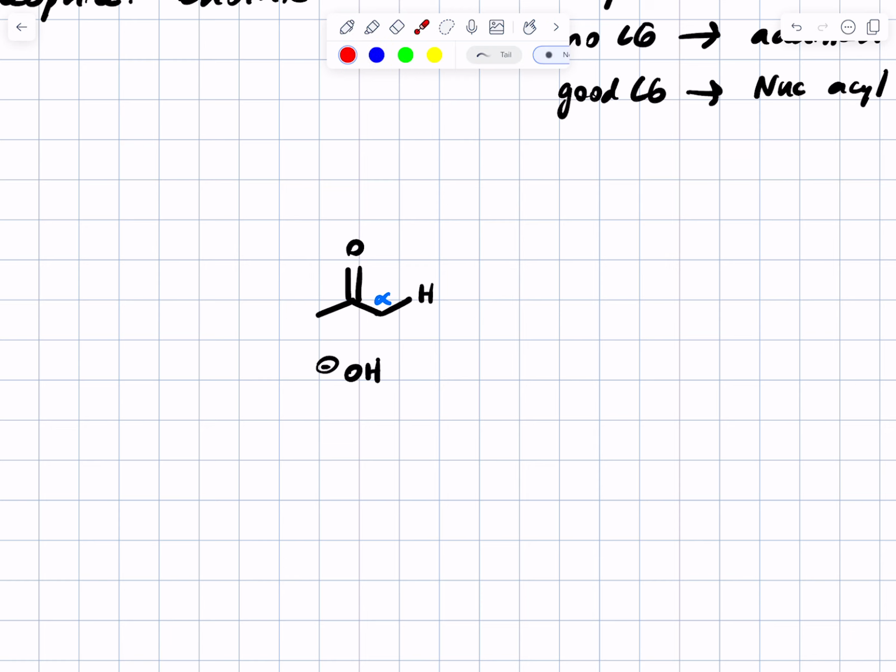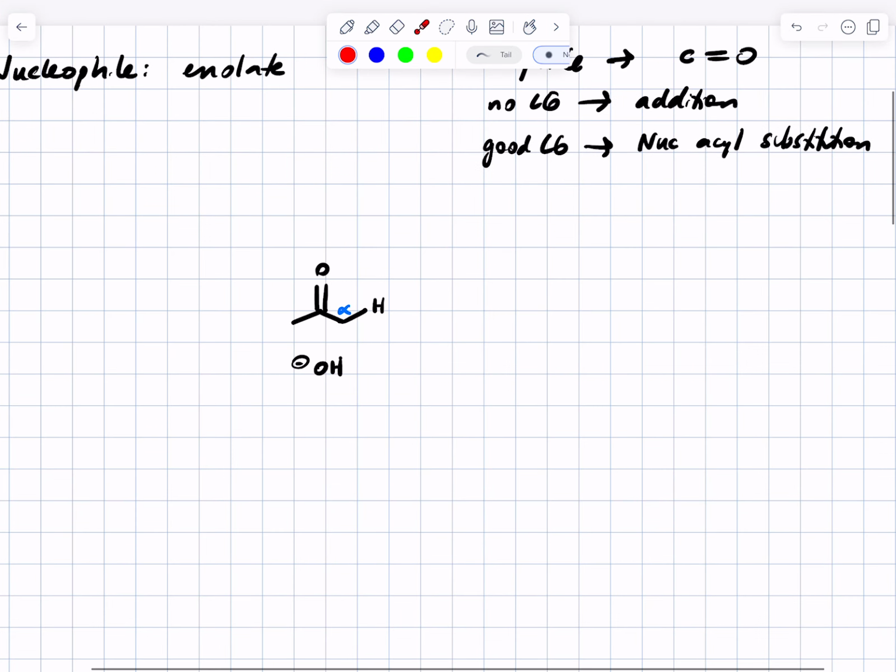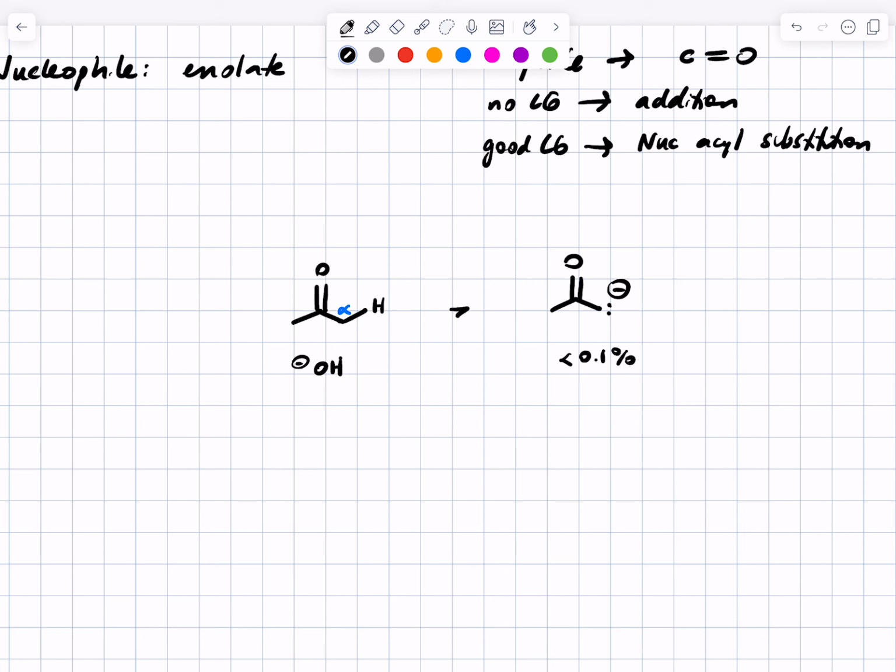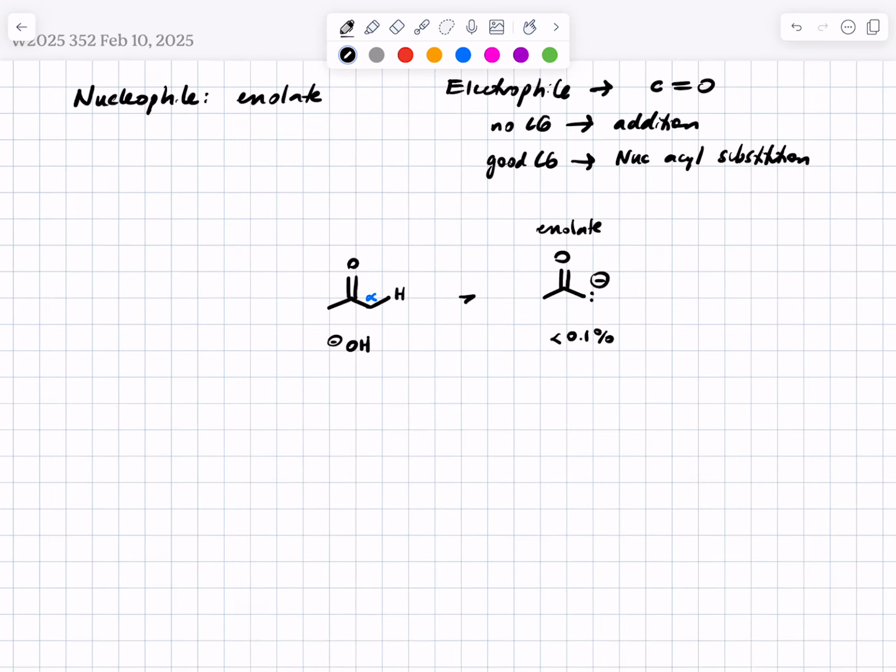We learned in the last chapter that the pKa is around 20, so we don't expect hydroxide to completely deprotonate the molecule. In fact, only a little bit of deprotonation happens. We form a little bit of this enolate, probably less than 0.1% of the enolate, and greater than 99% is still the starting ketone.